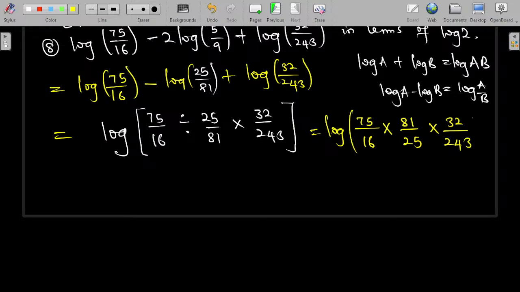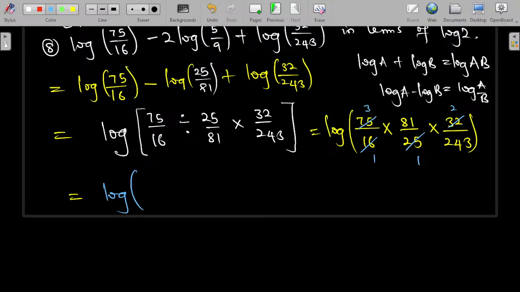So here you will now have the log of, and you try to reduce terms if there is any that can be reduced. Of course, 16 can go into 32 to give us 2. 25 can go into 75 to give us 3.